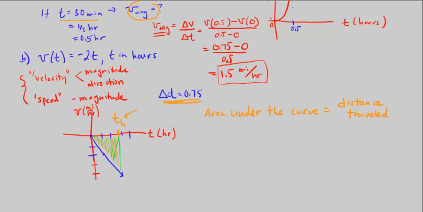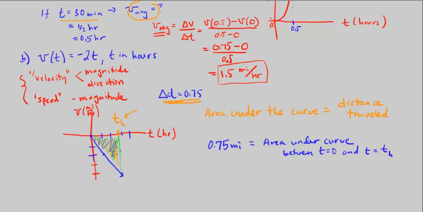If we know that it takes him 0.75 miles to get home, and that's the area under the curve, then 0.75 has to equal the area under the curve between time equals 0 and time equals the time arriving home.